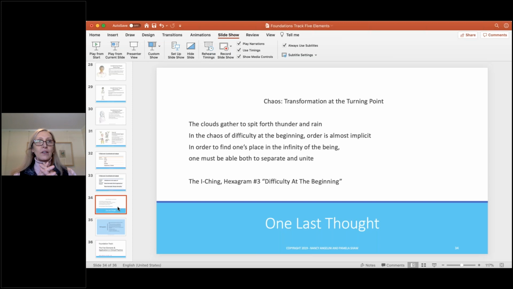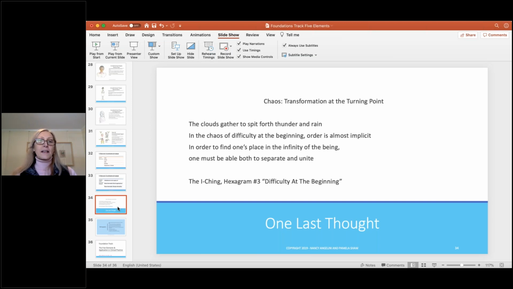The clouds gather to send forth thunder and rain and lightning, right? And in that chaos at the beginning of your journey with your patient, you're going to get to order. Going from the chaos, you will get to that ordered state of wellness and well-being. Just hang in there, right?